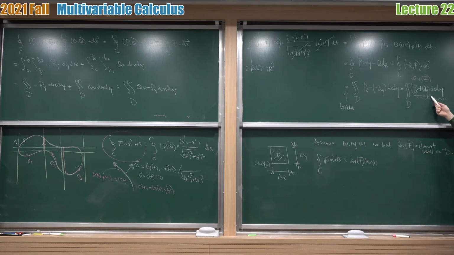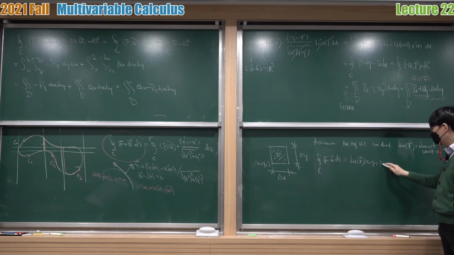Since we assume that this is almost constant, we simply take the area of domain D, delta x delta y.